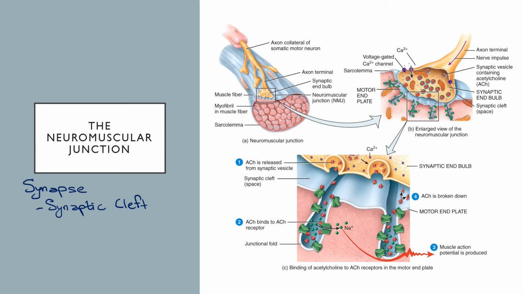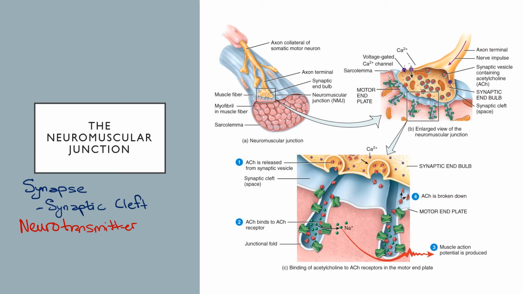There's a small space between them. Now, because the cells don't physically touch, the action potential can't just jump the gap from one cell to another. Instead, the first cell communicates with the second cell by means of a chemical messenger, which is called a neurotransmitter. So the first cell essentially has to talk to the second cell by these chemicals called neurotransmitters.